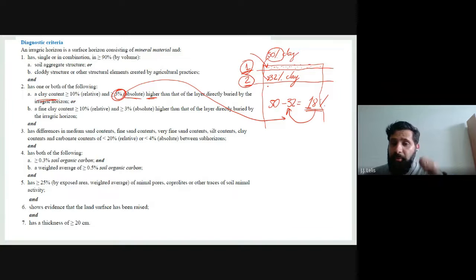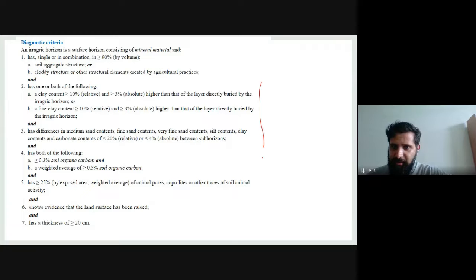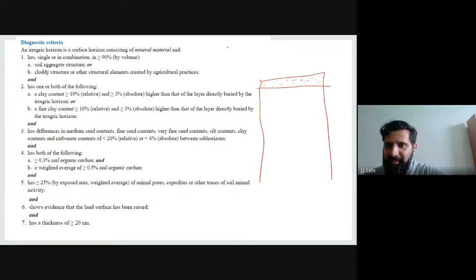It's quite interesting to understand that this irrigate horizon is composed essentially of clay that was added to the soil surface by irrigation.